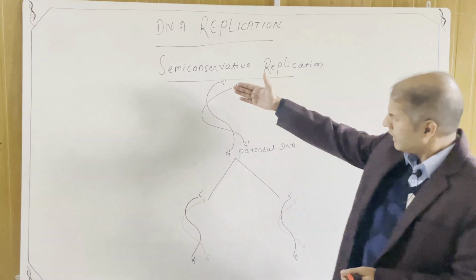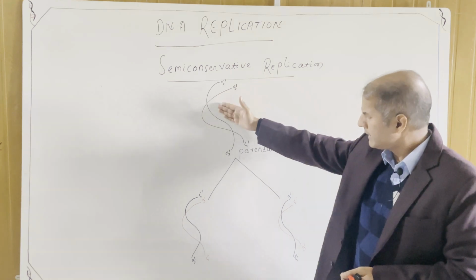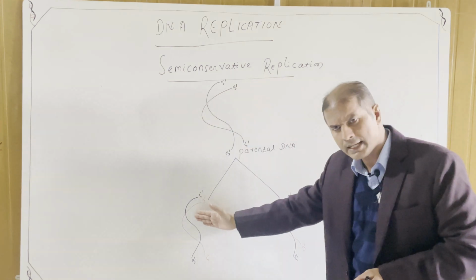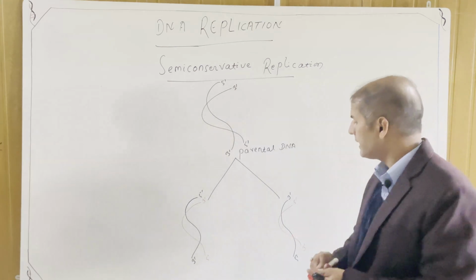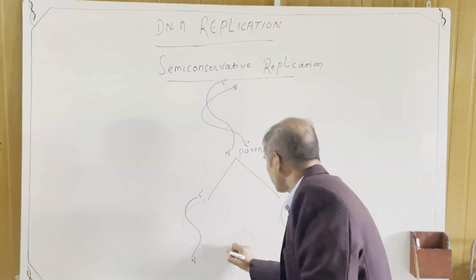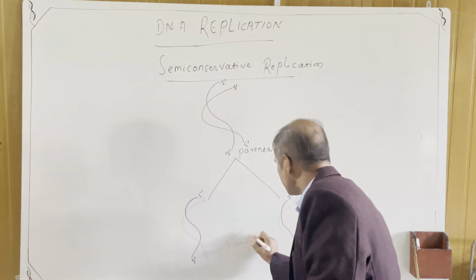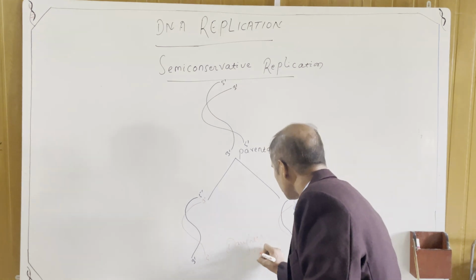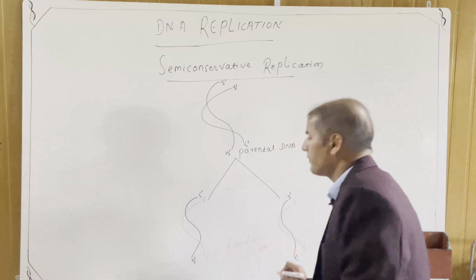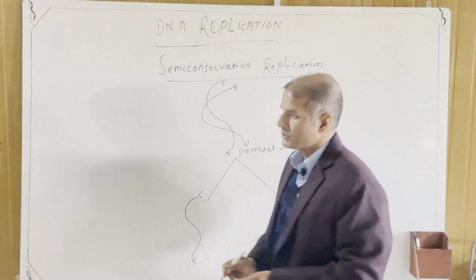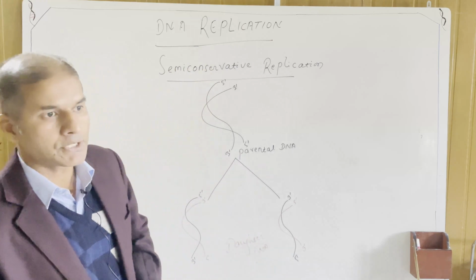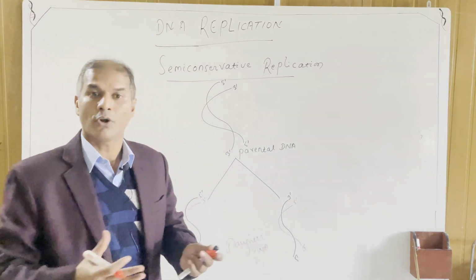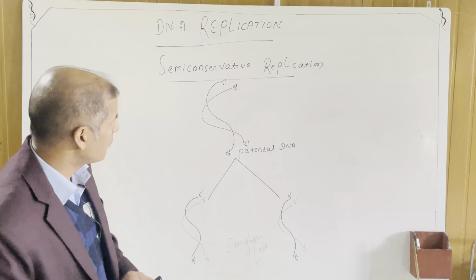Since half of the DNA strand is in one daughter DNA and another half is present in the other daughter DNA, that's why this replication process is called semi-conservative replication, because of the partial conservation of character of parental DNA into daughter DNAs. So this is a major point.